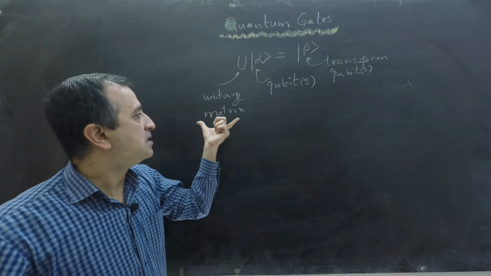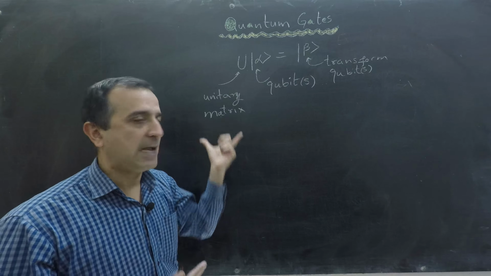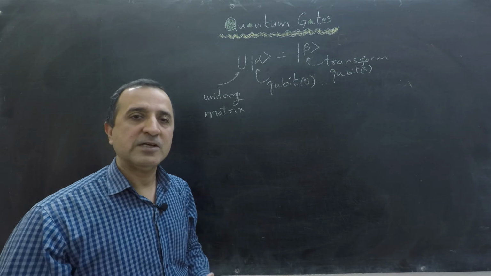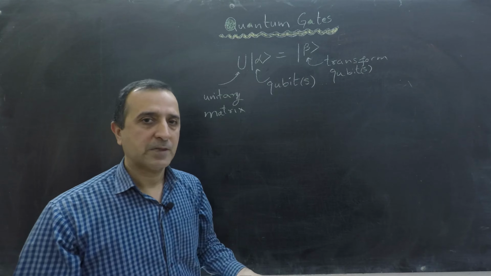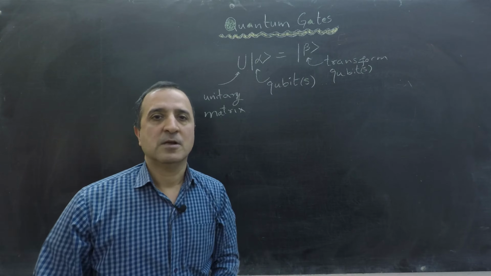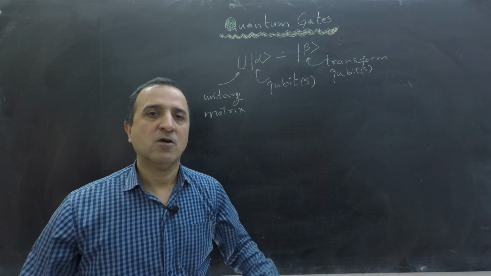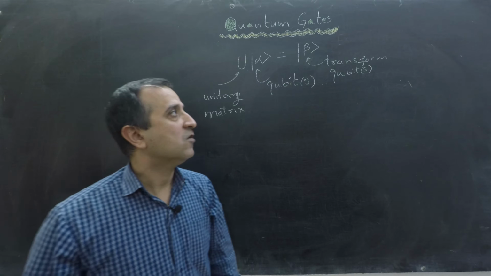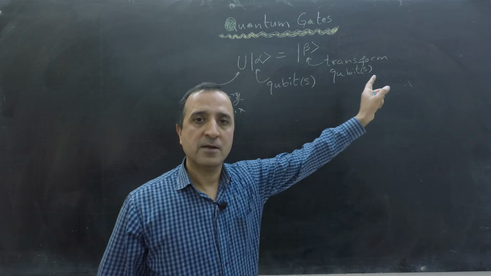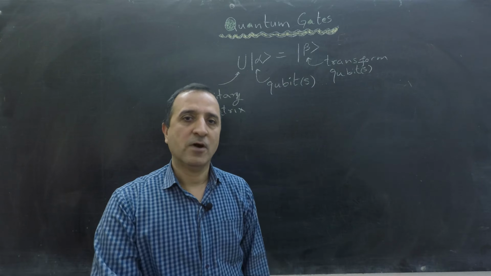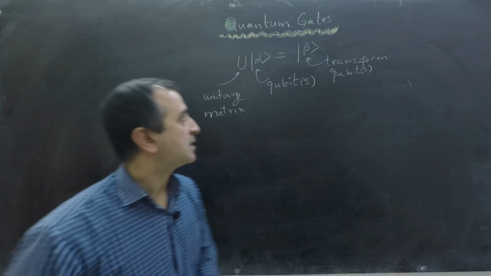So only unitary matrices always preserve the norm of a vector. I have made a separate video proving some of the simple properties of unitary matrices. The link of that video will be somewhere here, so please watch that video also to become a better scientist.